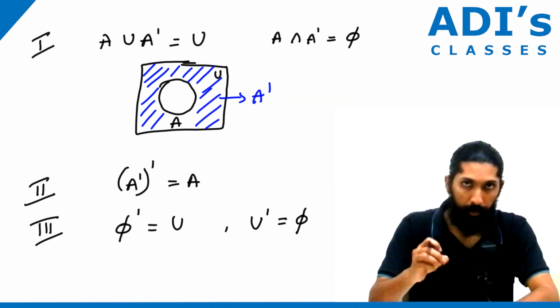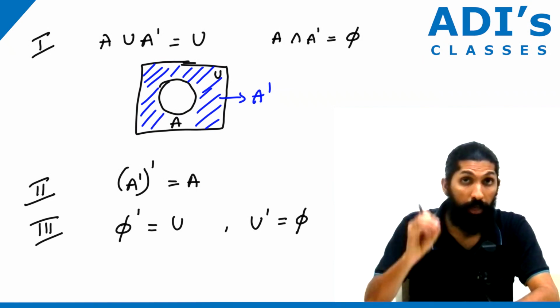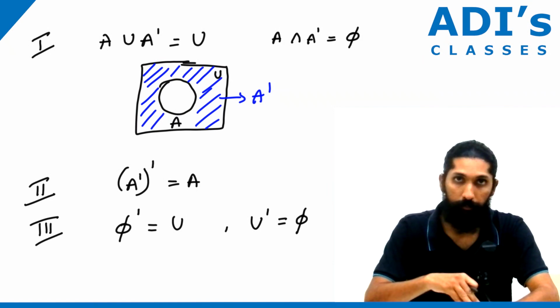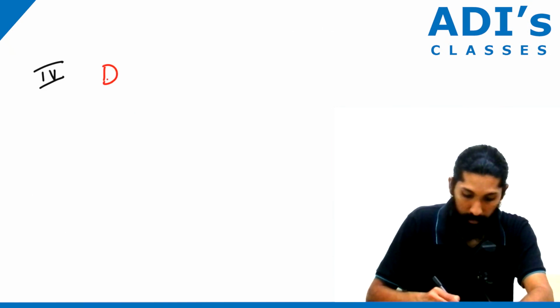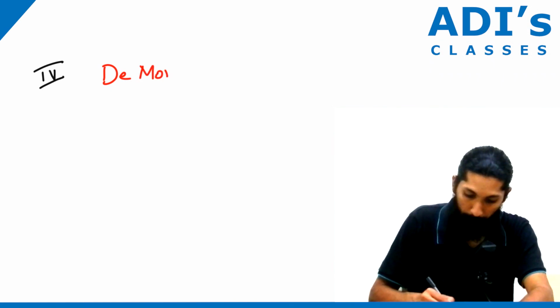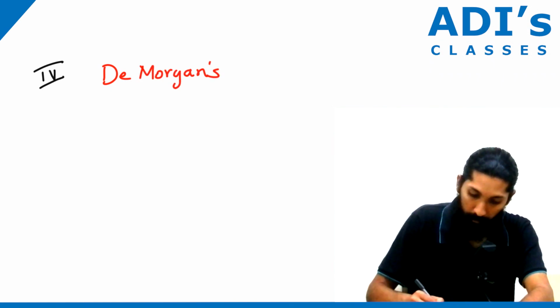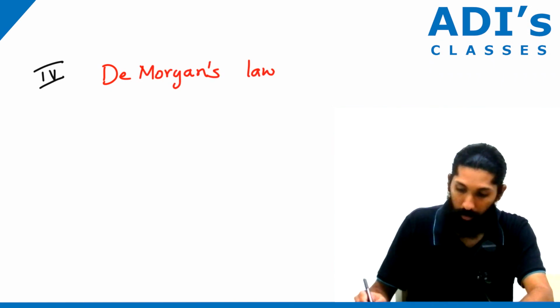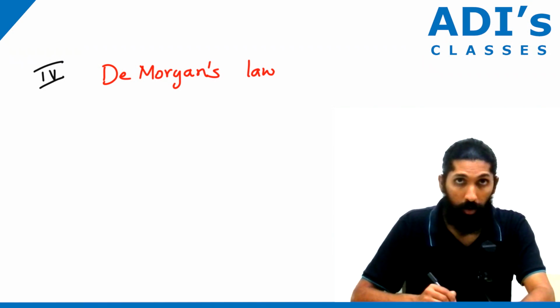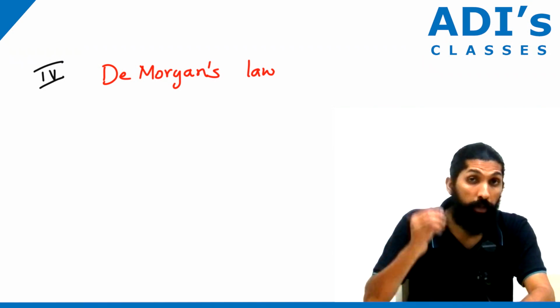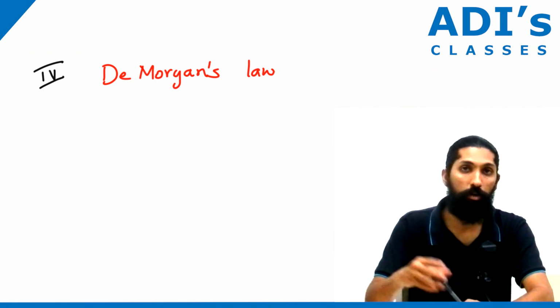Now the fourth property we are going to discuss is an extremely important one. We call this De Morgan's law. This particular law is used in many cases, not just in sets.